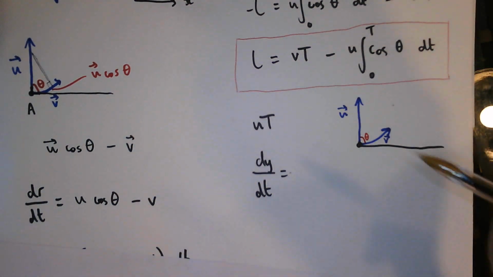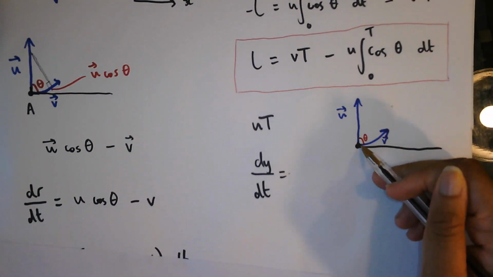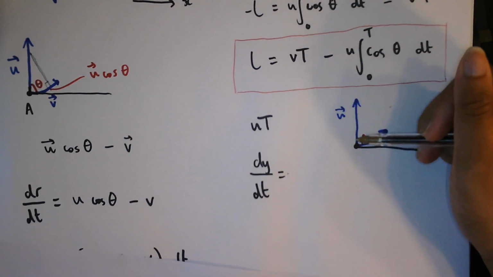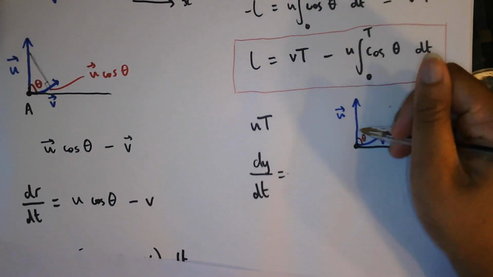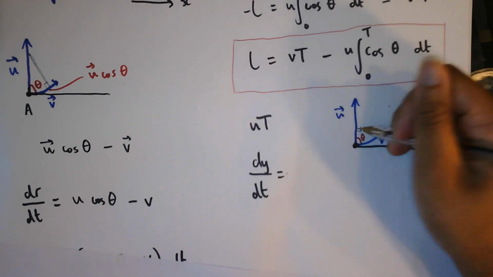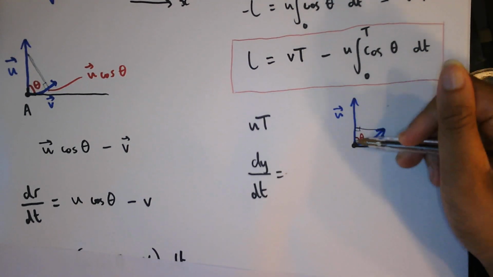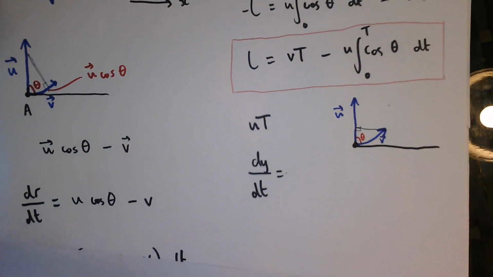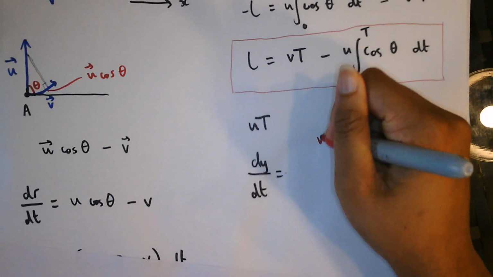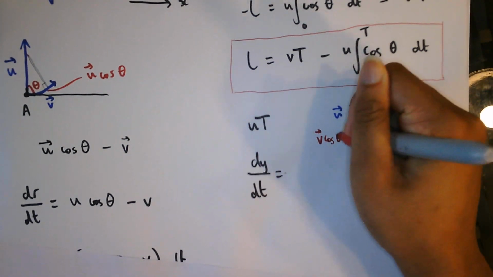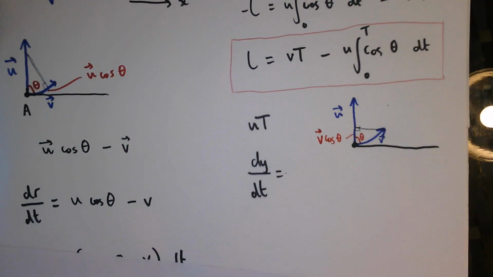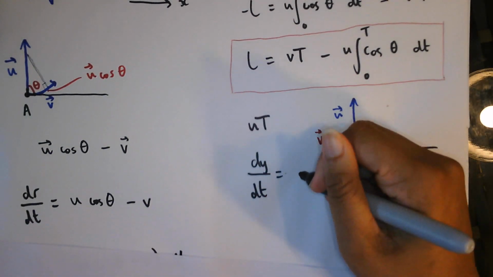If we take a component of v in the direction of u, so in the y direction, and draw a triangle there, we can see that the component of v in this direction is equal to v cos theta. So we can write dy/dt is equal to v cos theta.